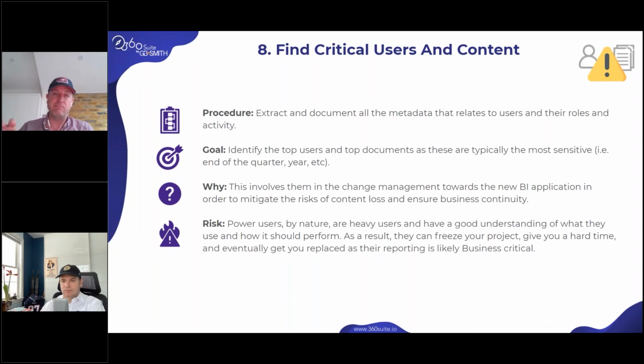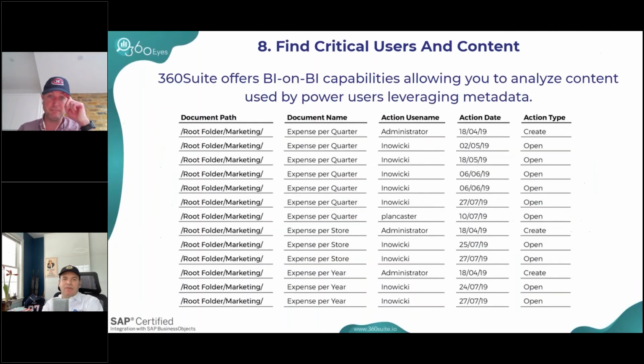So take all that information we talked about so far, and then you can map what is critical in terms of users, what content is critical, and what you need to rebuild and how. And then again, 360 is going to provide you some reporting with its BI on BI capabilities to extract all that information, document it, and allow you to make the right decision.